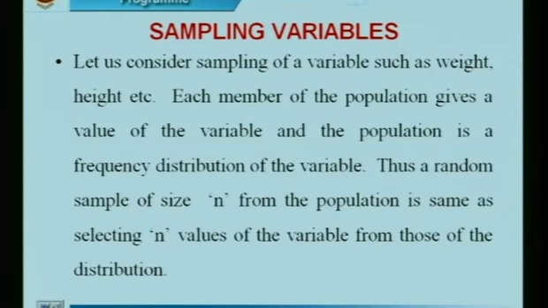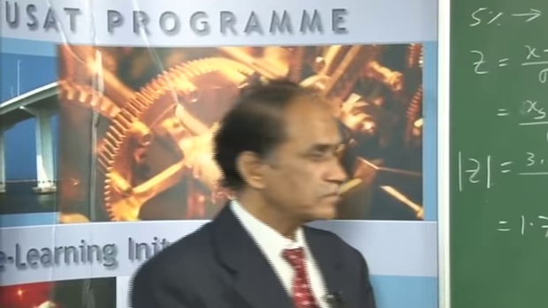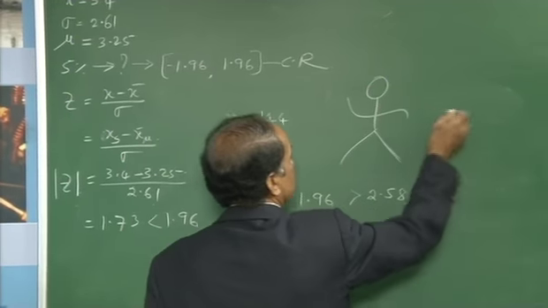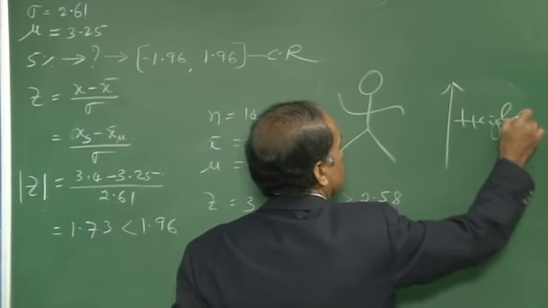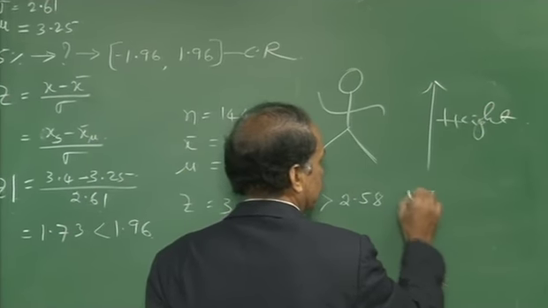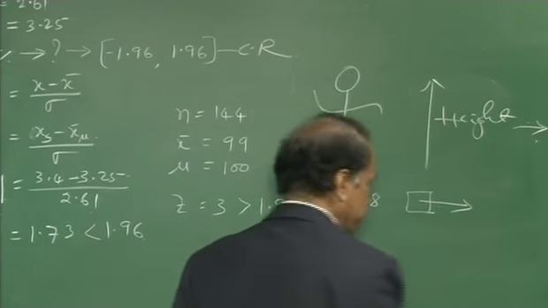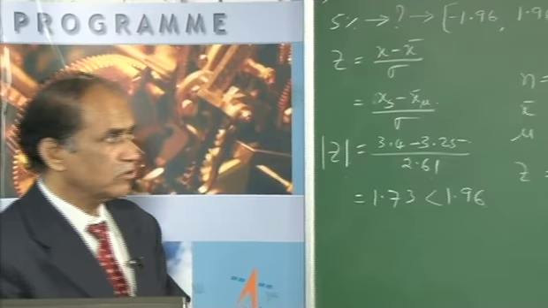What is the sampling variable? Why is this a sampling variable in terms of heights and weights? Because if you consider a human being, the height and the weight are continuously changing up to a certain age, and even after a certain age also.